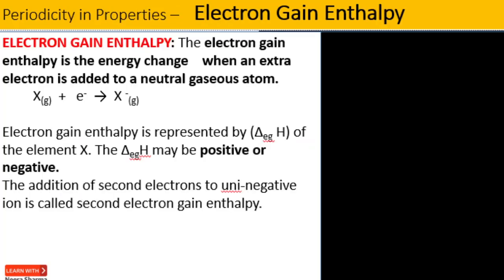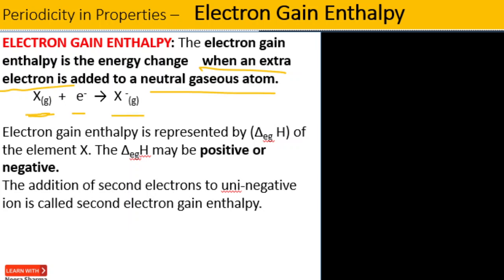Now if we see electron gain enthalpy, it is the energy change when an extra electron is added to a neutral gaseous atom. So in this neutral gaseous atom X, if we add an electron, we get X minus.